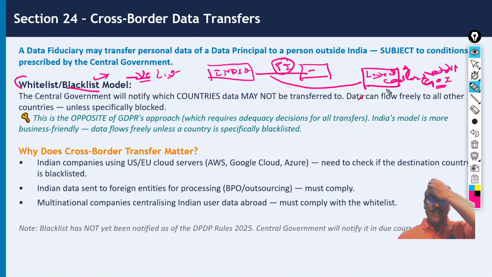Those countries which are there in the list, that is nothing but your negative list, or the blocking list, or blacklisted. Except those countries in that list, for the rest of the countries the data can flow back and forth. So it is business friendly, isn't it?